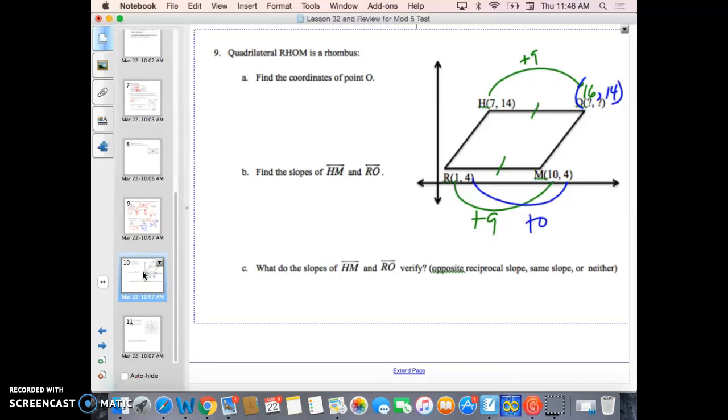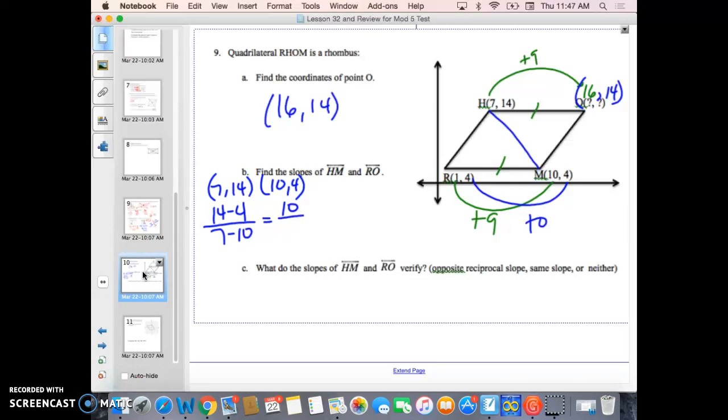If I want to find the slopes from HM, so here's the diagonal HM. Please remember the slope formula. So here I'm going to write 16, 14. And the slope formula, I'm going to take my y-coordinates and subtract them. So from H to M is 7, 14, and 10, 4. So it'll be 14 minus 4 over 7 minus 10.